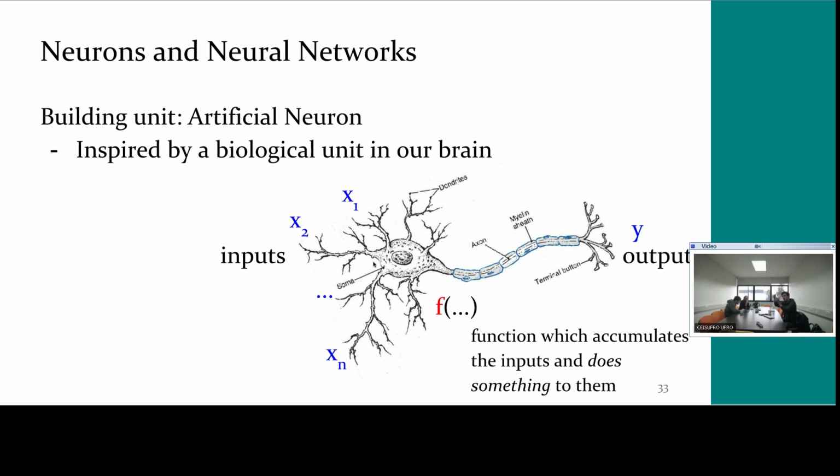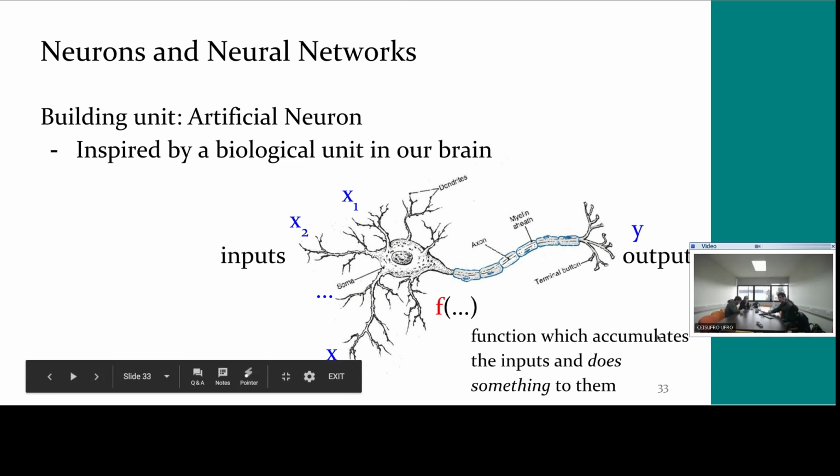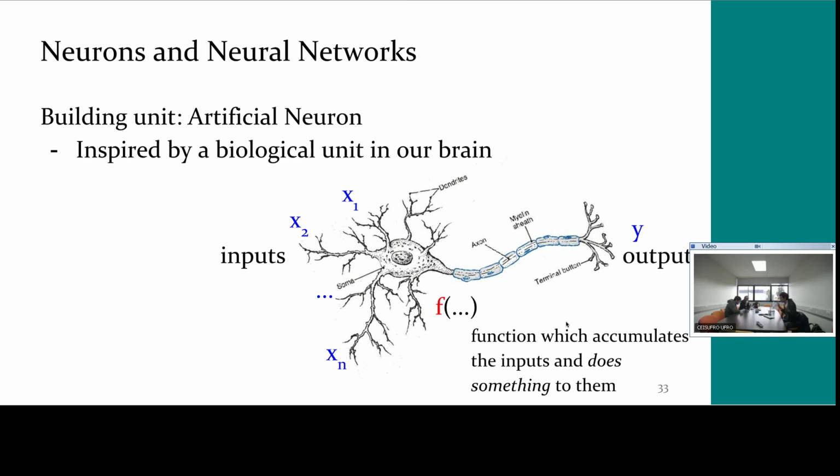They all come into this soma, where something happens to the signals, they are aggregated, and they are sent out to the output side with the axon. This image is a simplification that biologists make. We don't really know what happens in our brain, the truth is. There is a lot of research in that area as well.